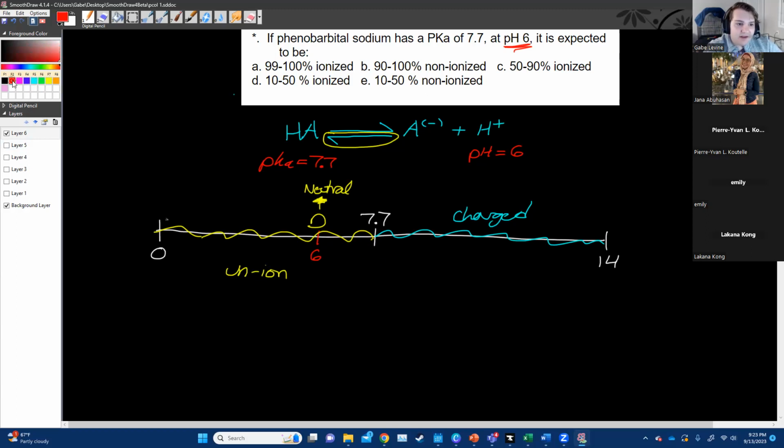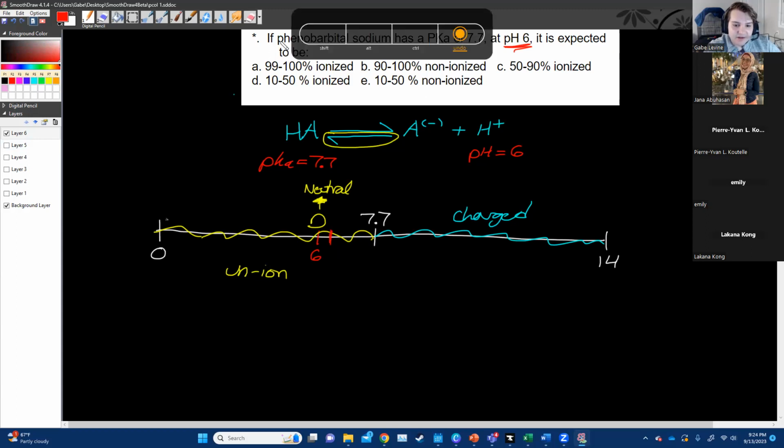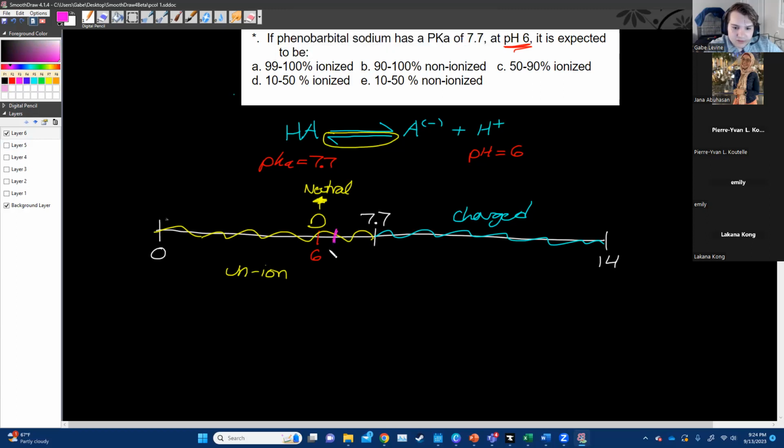So what we can set up is a ratio and say that at 6.6, we would expect to have 1 ion for every 10 unionized.